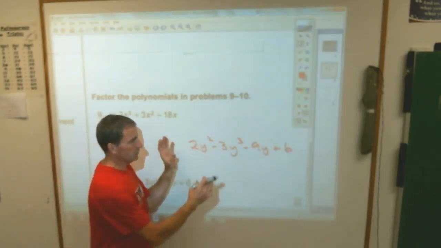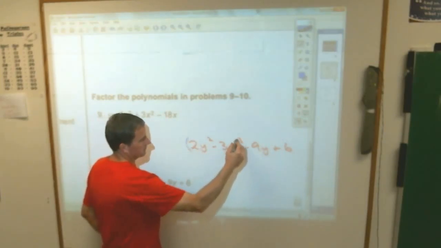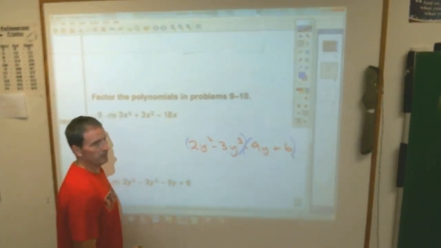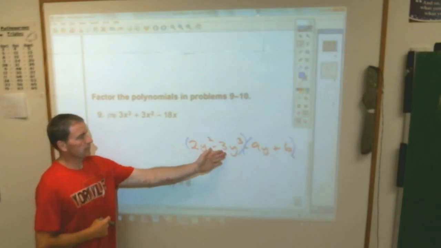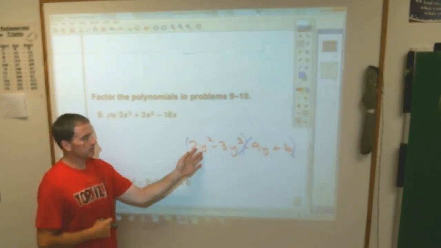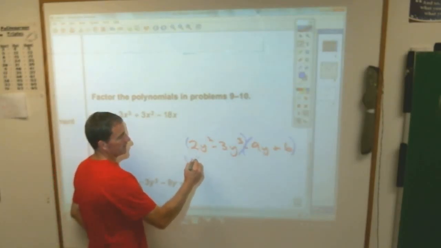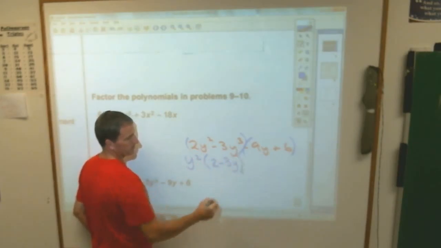In other words, you need to separate this into this and this, and factor each, and hope that you get a common factor after you factor something out. So if you look at this first group, what can you take out of both of those two terms? A y squared, right? If I take a y squared out, I'm left with 2 minus 3y.